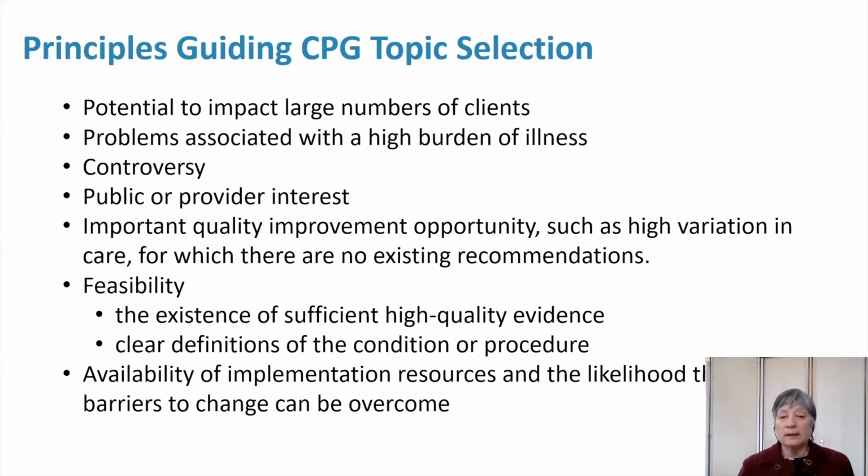And then really identifying an important quality improvement opportunity is a key factor in selecting CPGs. Keeping in mind feasibility is always important so that a CPG is providing recommendations that can actually be implemented in practice. And then the availability of implementation resources is also a consideration.